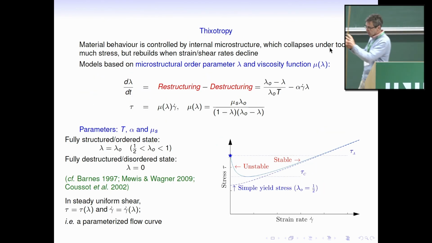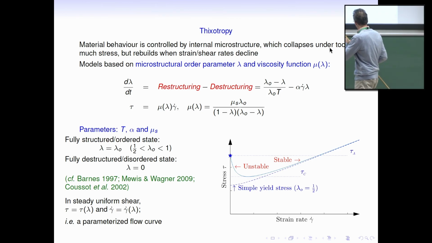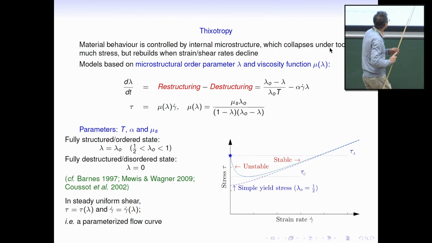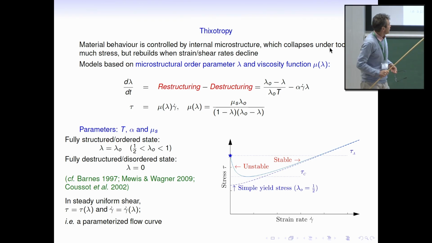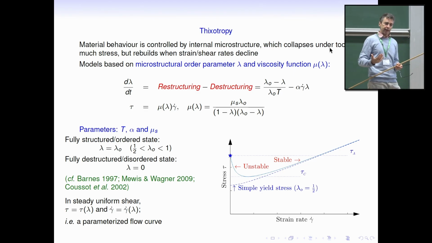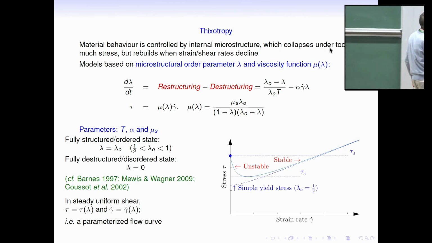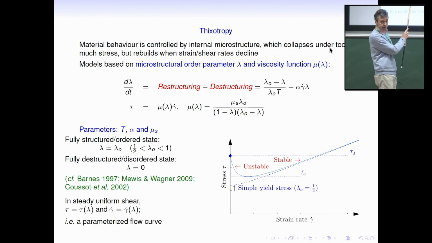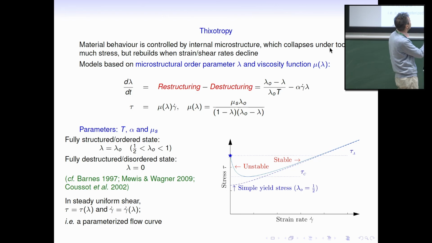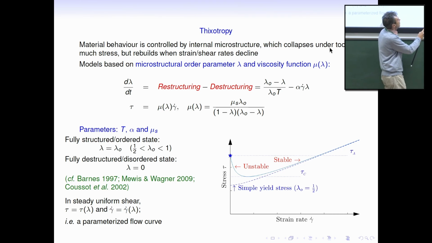Okay, so thixotropy. Let me expand upon thixotropy and where I got this shape from. For thixotropy, it's been common to try and describe things in terms of a microstructural order parameter. Let's call it lambda. So you basically just write down some sort of a reaction equation for it. You say that d lambda dt has got some restructuring term minus a destructuring term. The restructuring term is like natural healing.